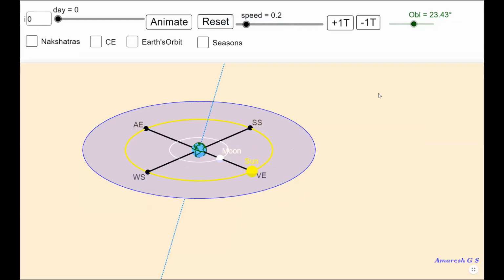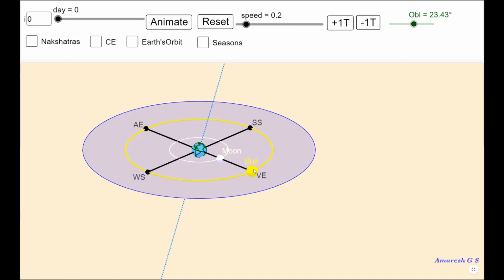And again, the ecliptic is the path of the sun around the Earth as seen from the Earth, which essentially is that yellow circle. We also have the moon going around the Earth, and then we also have the sun here going around the Earth as seen from the Earth.